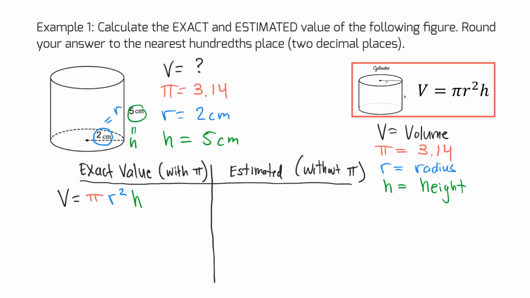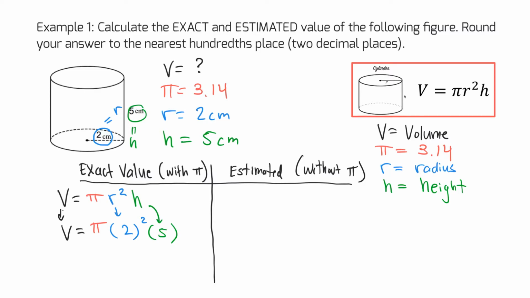So I'll write down the formula, and now I'm going to substitute everything I know into this formula. V will stay V because I don't know what that is. Pi is going to stay pi because I want to find the exact value. R is going to change into 2 because it's 2 centimeters. And h is going to change into 5 because it's 5 centimeters.